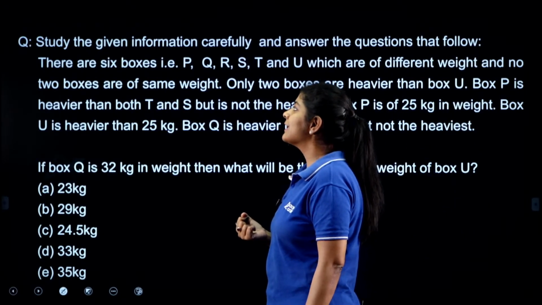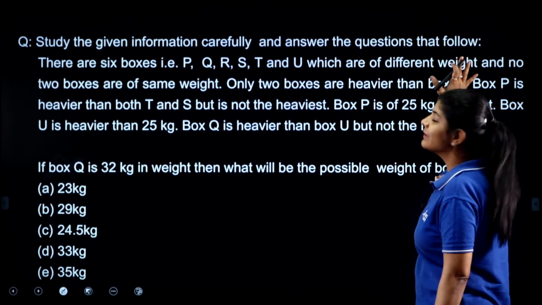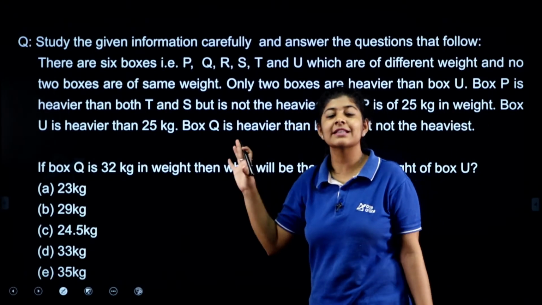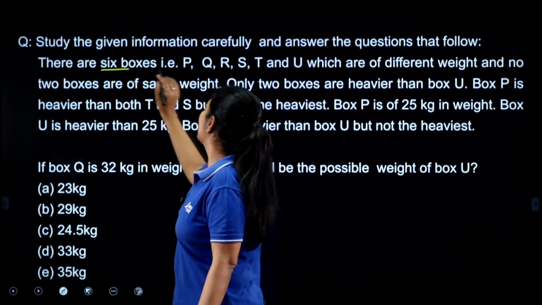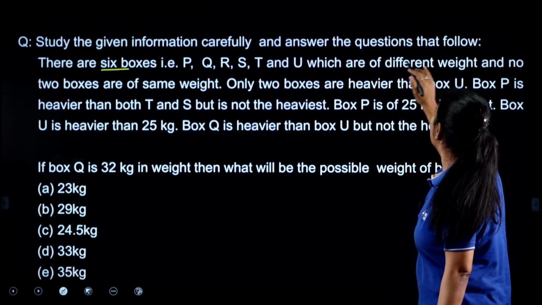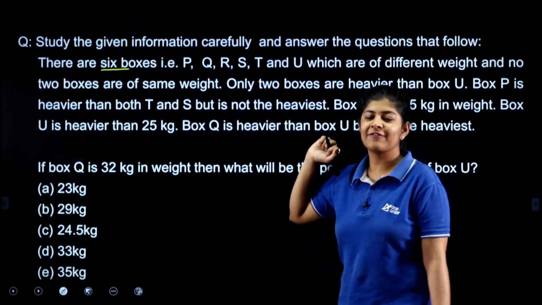Study the given information carefully and answer the questions that follow. There are 6 boxes, that is P, Q, R, S, T and U, which are of different weights and no 2 boxes are of the same weight.